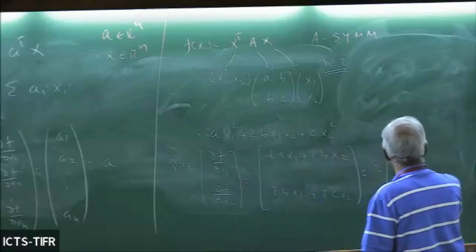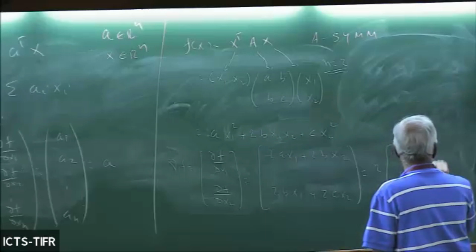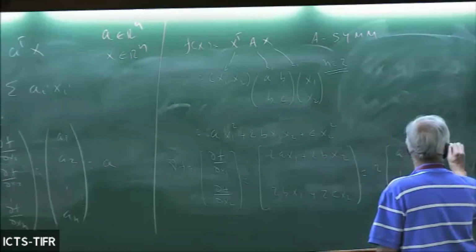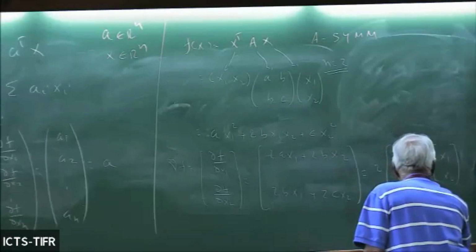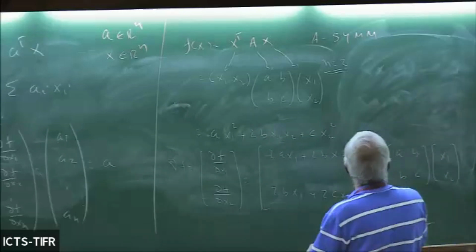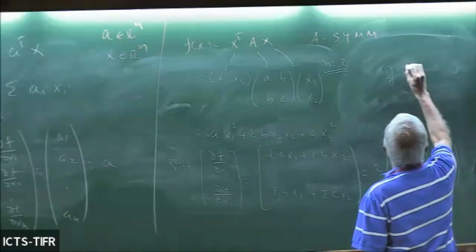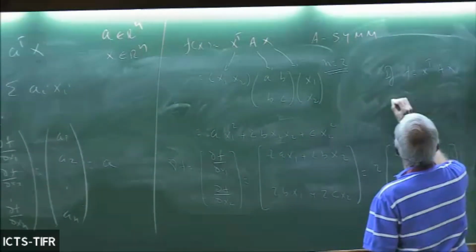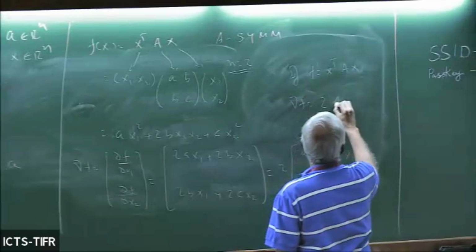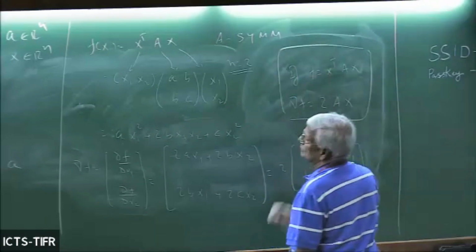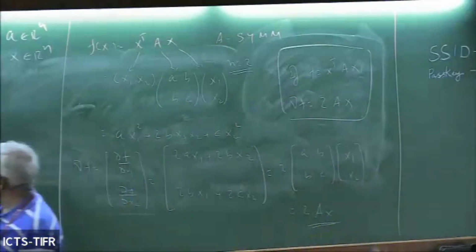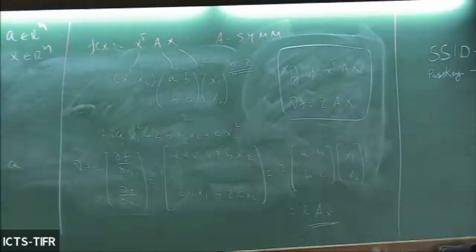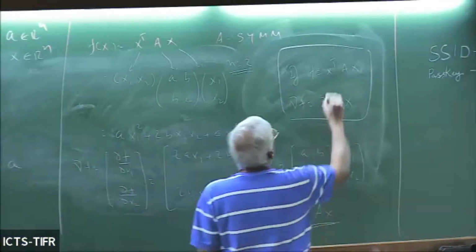That's equal to 2 times the matrix a, b, b, c times x1, x2. That's equal to 2Ax. So I get the second formula. If f is equal to x transpose A x, the gradient of f is equal to 2Ax. So this is the first formula. This is the second formula.